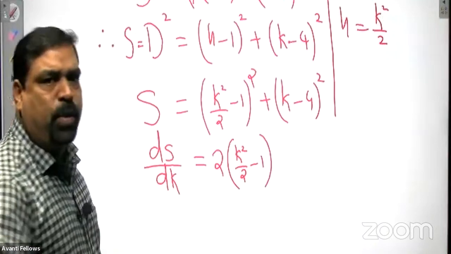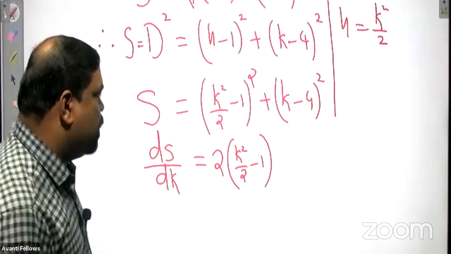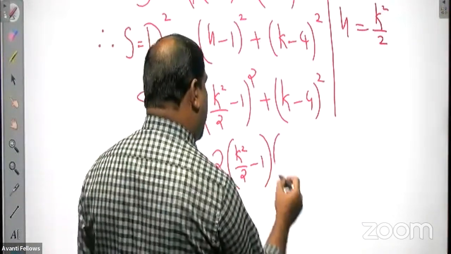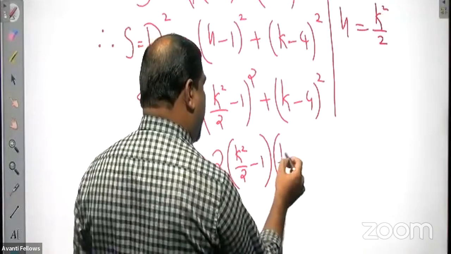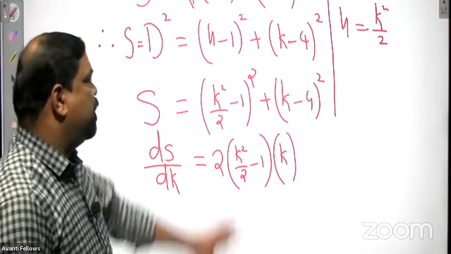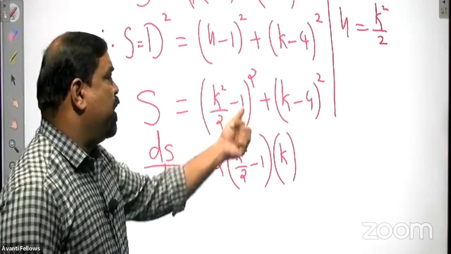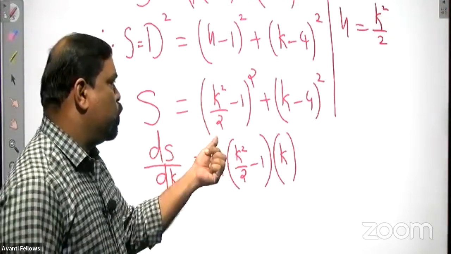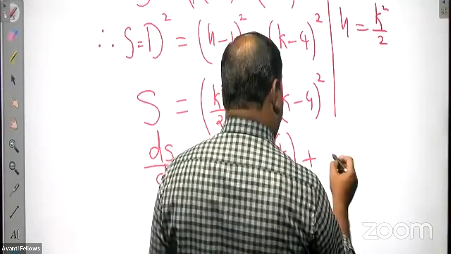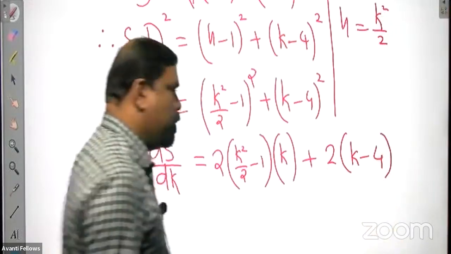Derivative of x square means 2x, so chain rule we have to apply. 2 into k square by 2 minus 1, into the derivative of what is inside the bracket, k square by 2, which is 2k by 2 or k only. Plus derivative of k minus 4 whole square, which means 2 into k minus 4.